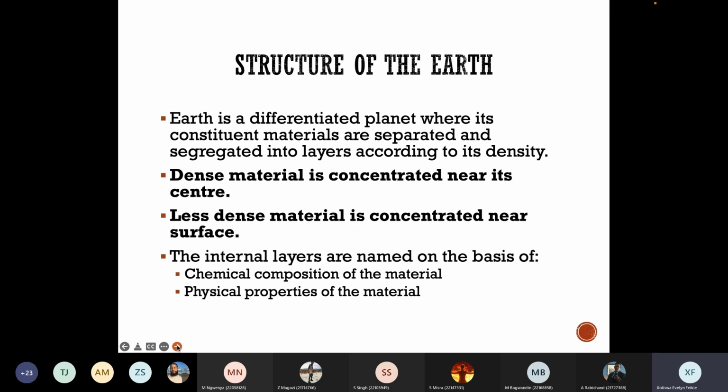And they tell you that the dense material is concentrated near its center, and then less dense material is concentrated near the surface, right? So the internal layers are named on the basis of chemical composition and then physical properties. This is the example.